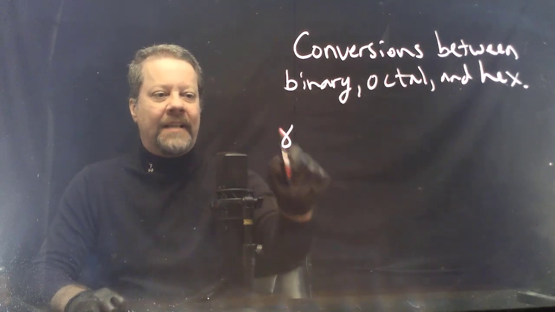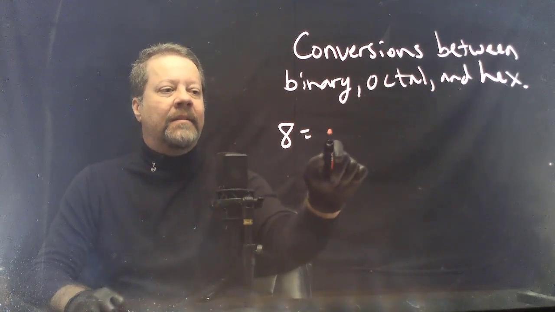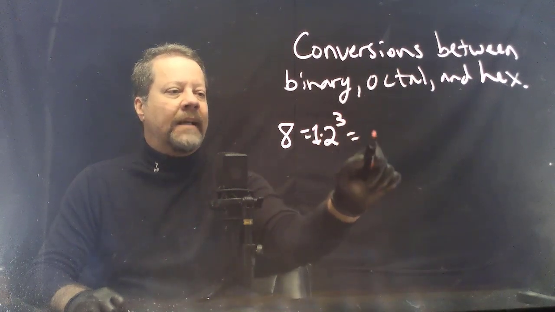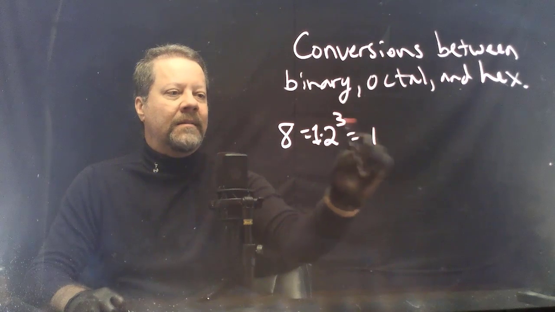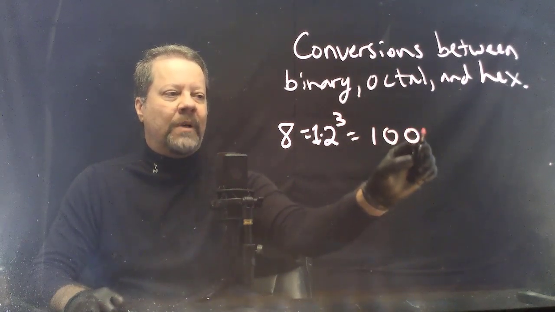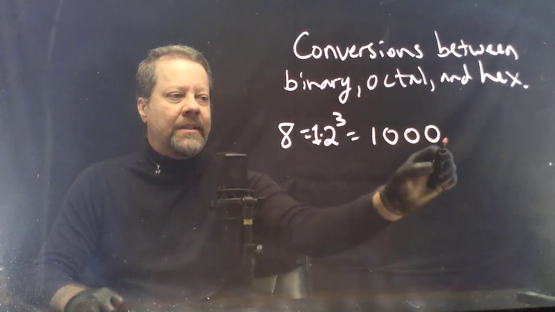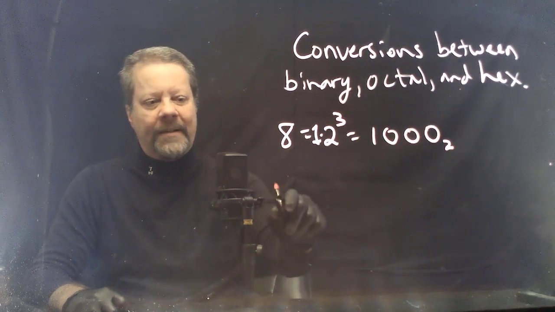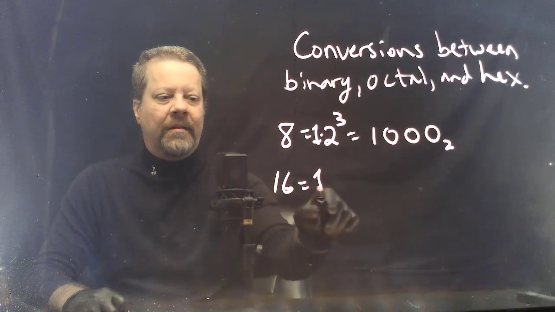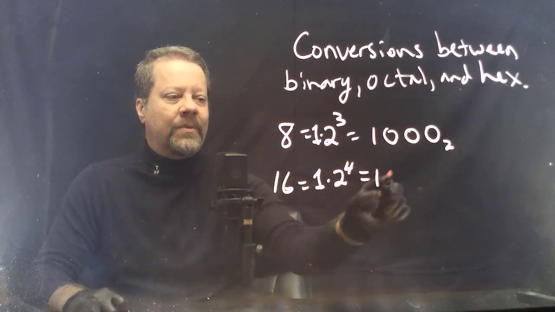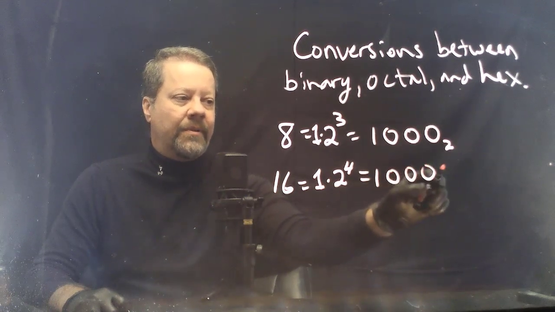So for instance, 8 is 2 cubed, 1 times 2 cubed, and so we get 1, 0 in the square, 0 in the power 1, 0 in the units place in base 2. What about 16? Well, that's 2 to the 4, so in base 2, that's 1, 0, 0, 0, 0.